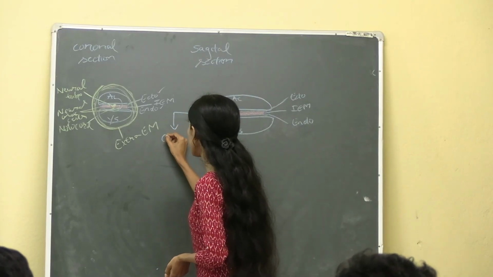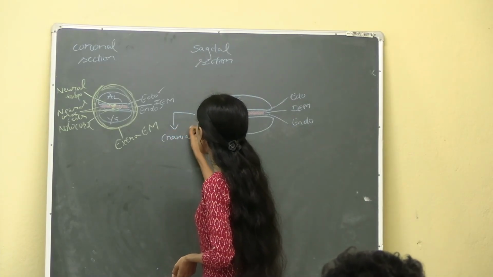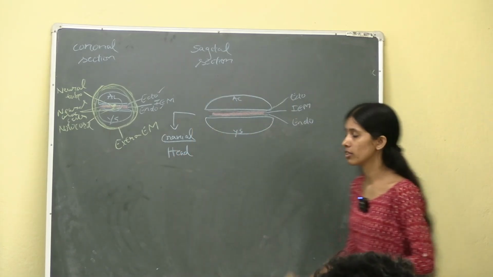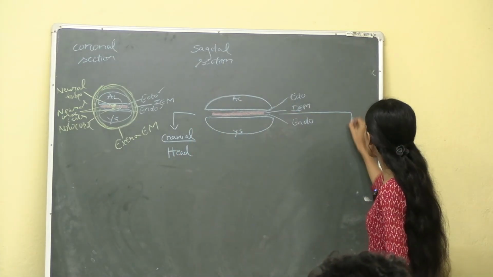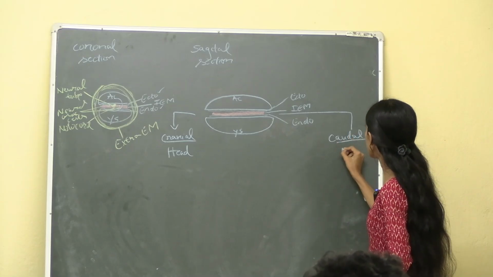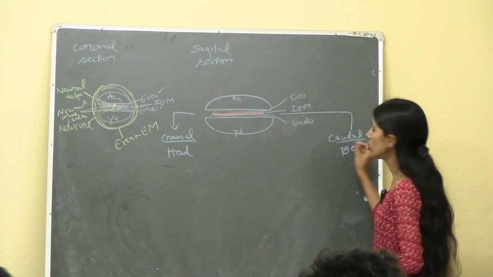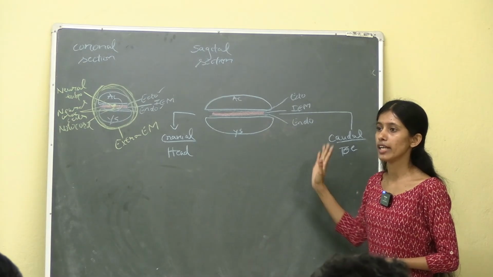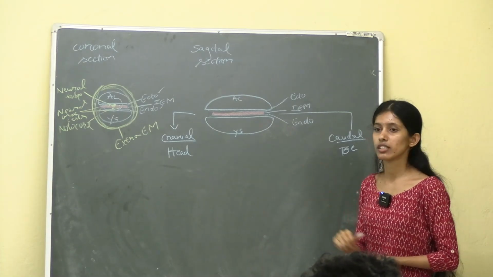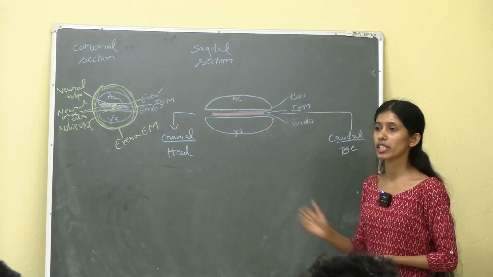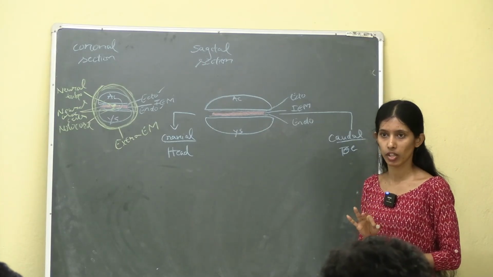This is the cranial end. I can also address it as the head part, and this is the caudal end. I can also address it as the toe region, okay. We have cranial and caudal ends in the sagittal section of the developing embryo. On both the ends we can see three important structures, okay.